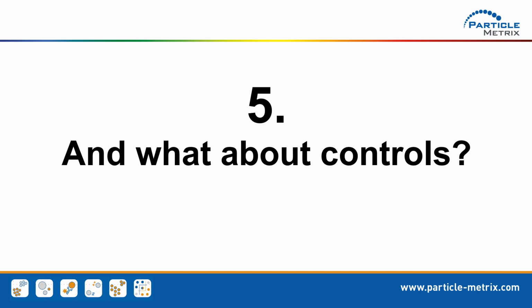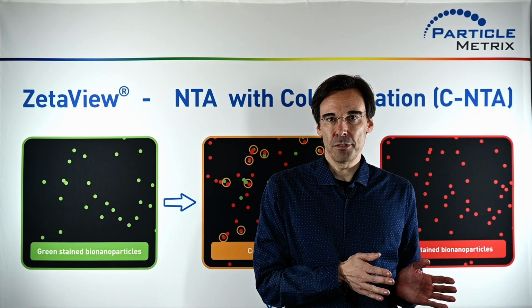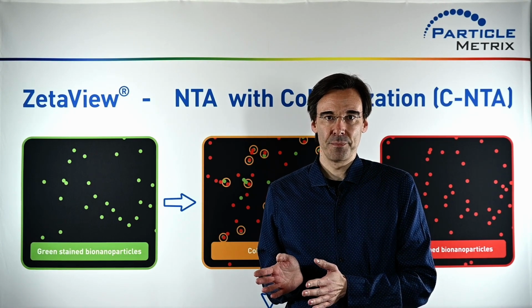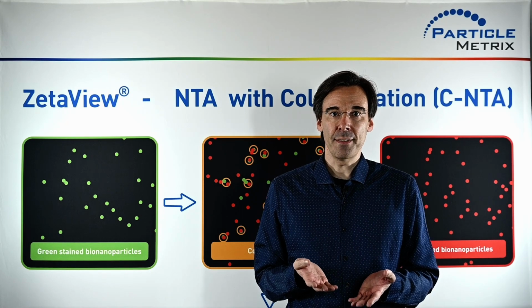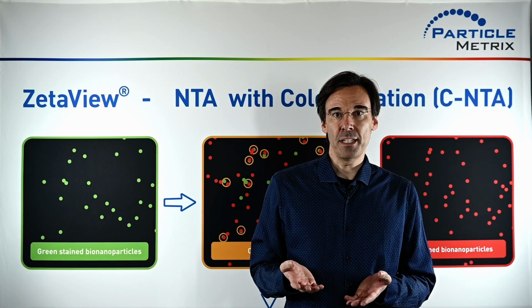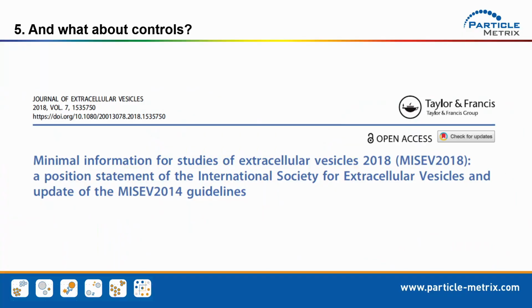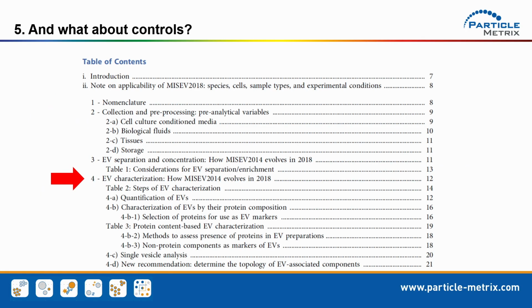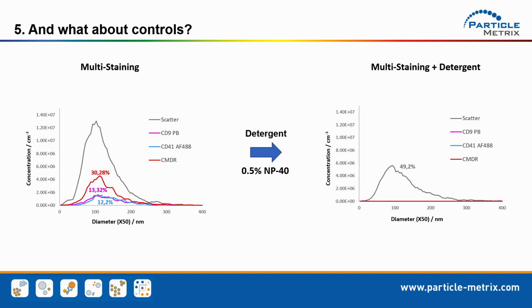And what about controls? No controls, no reliable data. Controls are important and they have their place. I'm not telling you anything new when I say that the ISEV guidelines describe requirements and experimental controls which must be conducted for a proper EV analysis. One important control, which also applies to colocalization NTA, is a detergent control after staining.